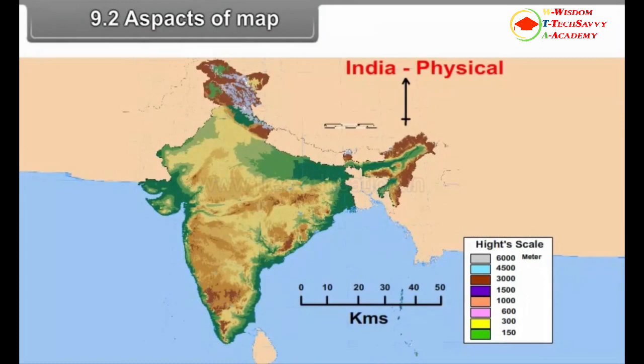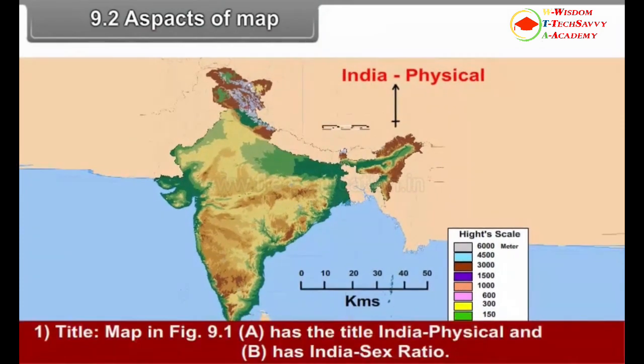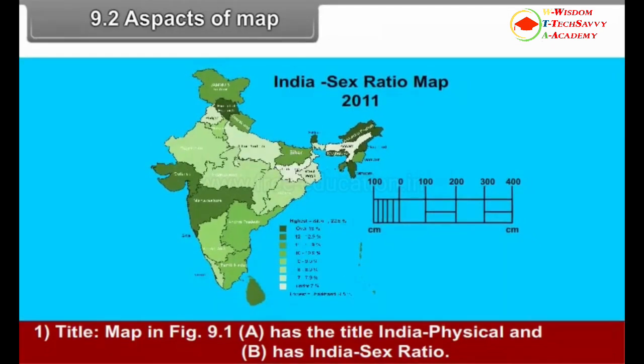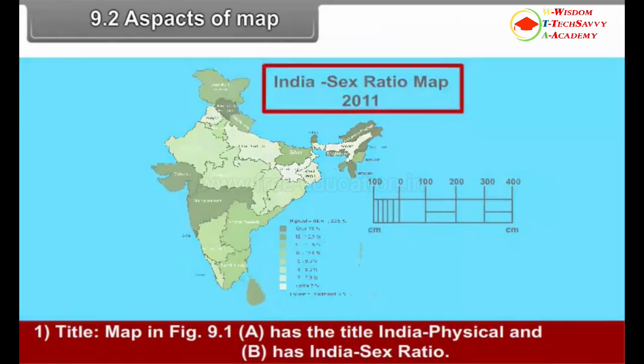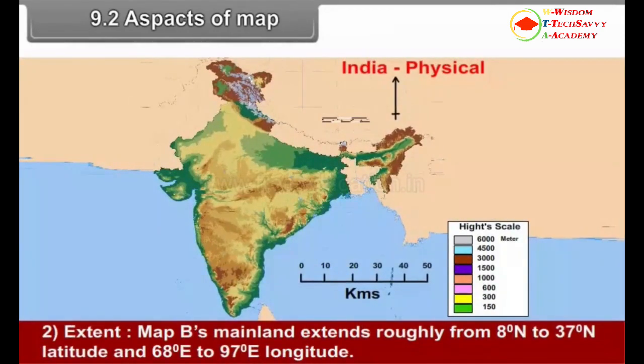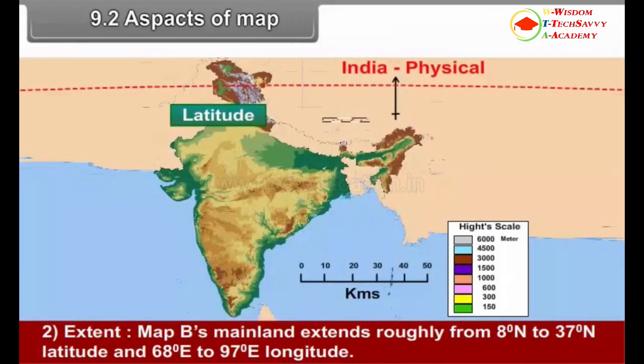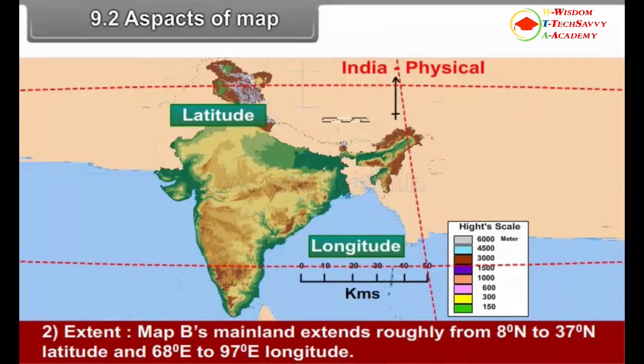9.2 Aspects of Map. 1. Title. Map in Figure 9.1. A has the title India Physical and B has India Sex Ratio. 2. Extent. Map B's mainland extends roughly from 8 degrees north to 37 degrees north latitude and 68 degrees east to 97 degrees east longitude.